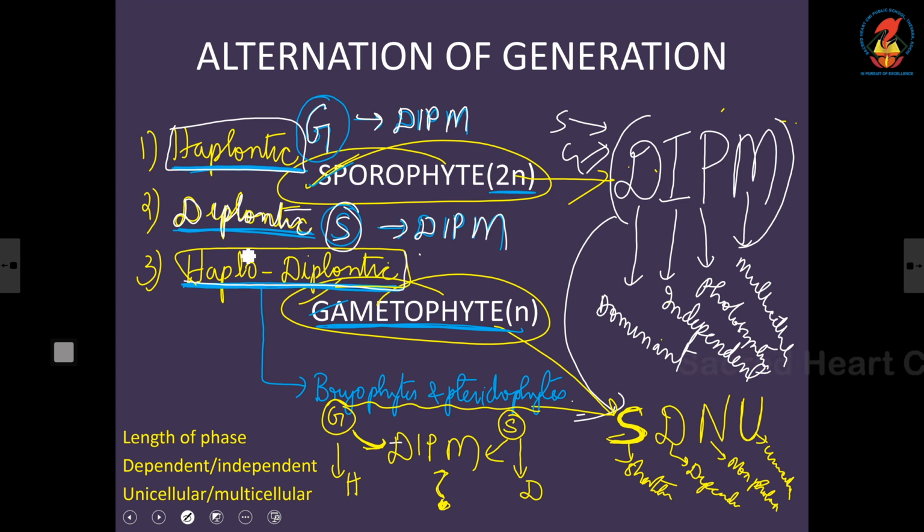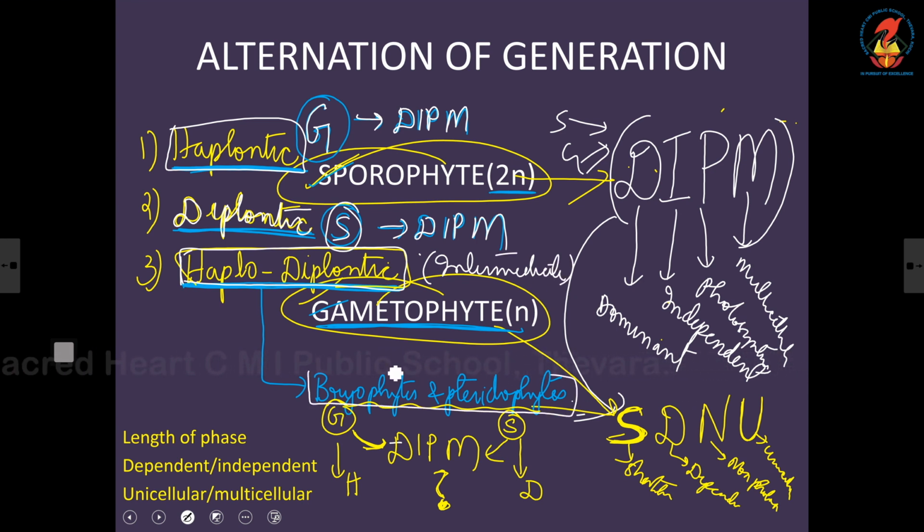And the third, the special life cycle, haplodiplontic, is an intermediate condition. It is possessed by bryophytes and pteridophytes. That is, in bryophytes it's the gametophyte that is DIPM, whereas in pteridophytes it's the sporophyte that is DIPM.